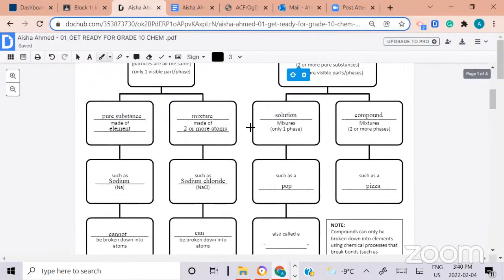So that would go instead of element, write atoms. Can I have element? Where should we put element? Let me think.